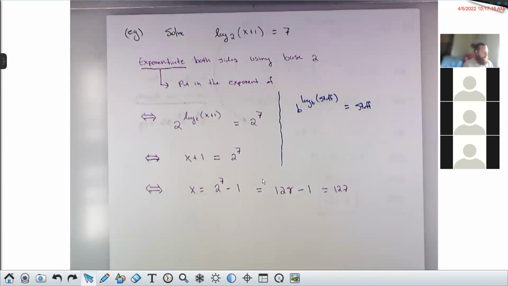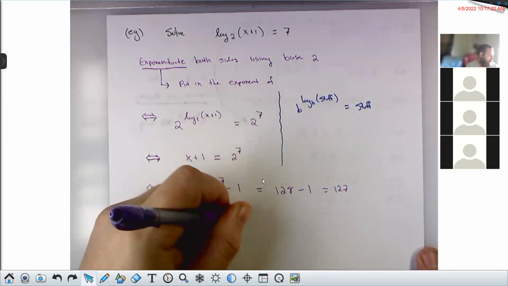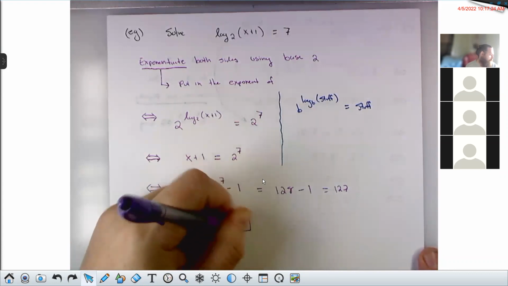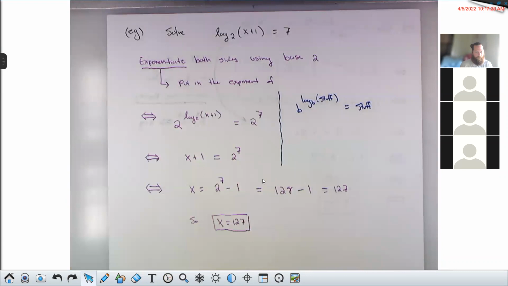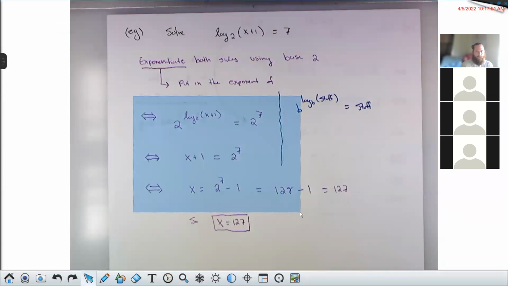That's my answer. This is 127. If you don't know that 2 to the 7 is 128, of course, you could use your calculator. Questions about any of these steps?